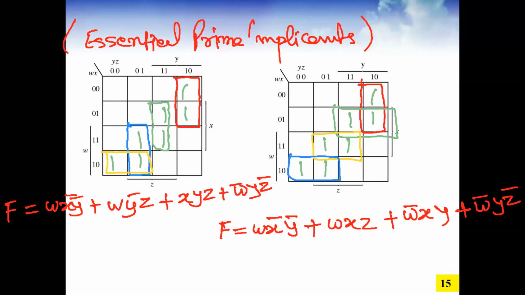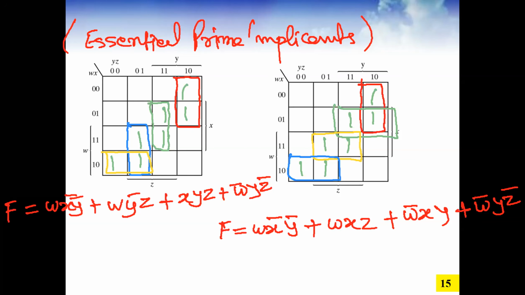But my question is not like that. The question is, what are the essential prime implicants? Essential prime implicants, or necessary or important prime implicants, are those prime implicants which will always be present in all the solutions if you have multiple solutions. In this case, we have multiple solutions. So we will see what are the product terms which are common to both solutions.